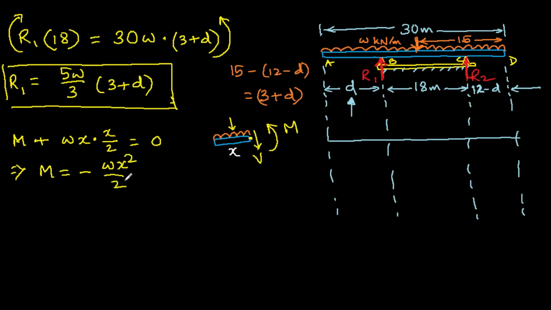In the limit, M at B minus will be equal to minus w d square over 2. So this was in the segment AB.